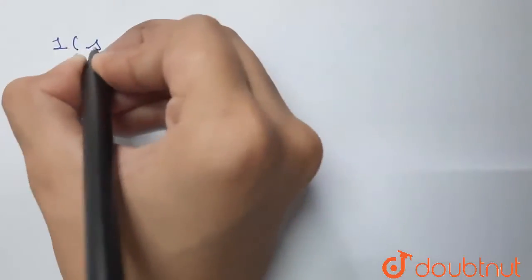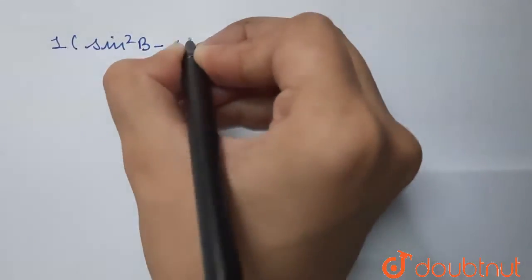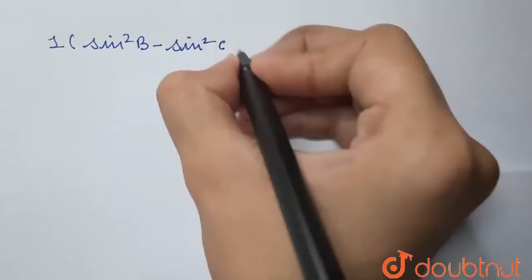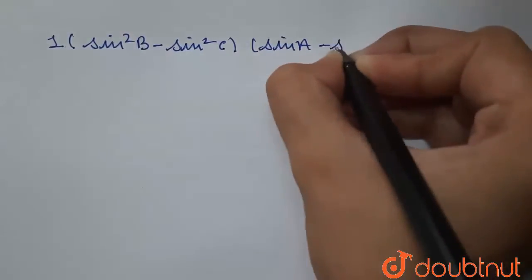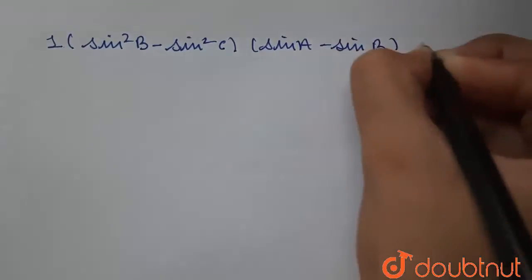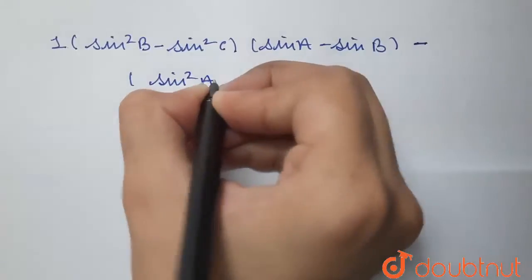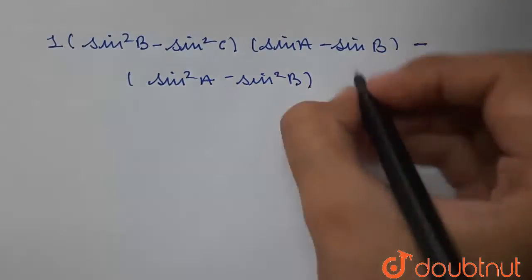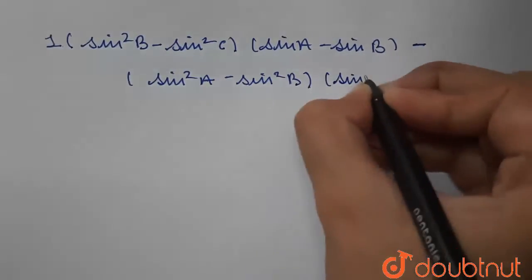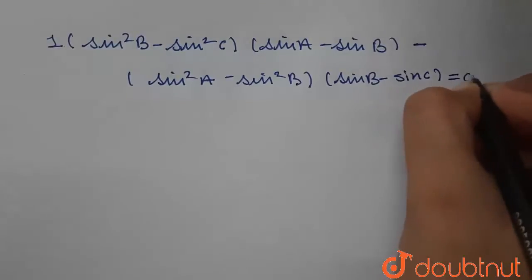Now we will just expand this along R1. So we will get 1 into (sine square B minus sine square C) into (sine A minus sine B), then minus (sine square A minus sine square B) into (sine B minus sine C) will be equal to 0.